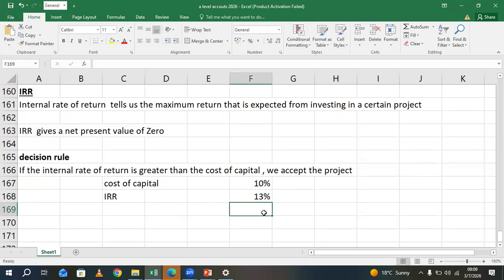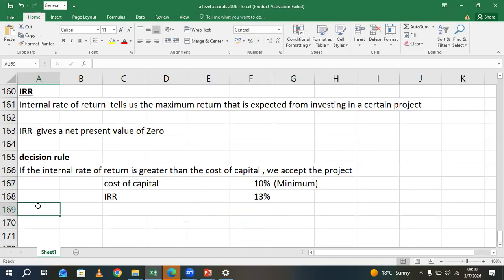Since the expected return is greater than the cost of capital, greater than the minimum we can accept, we should take the project. But if the IRR is less than the cost of capital, less than the minimum we can accept, we reject. So 10% is our minimum acceptance. If it's above the 10%, we accept.